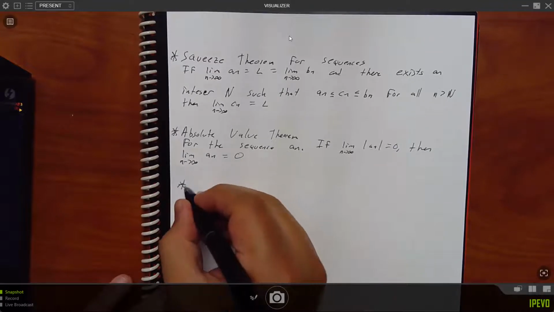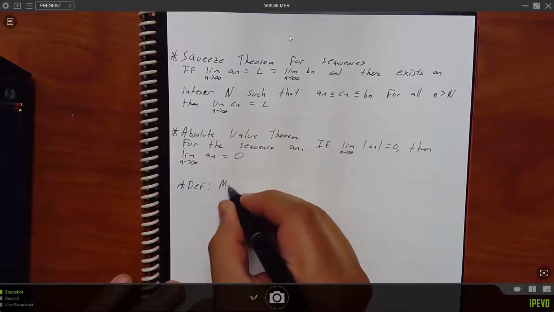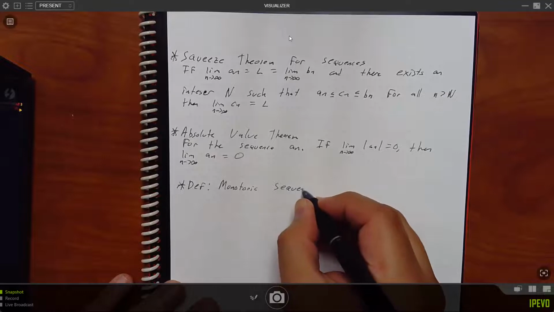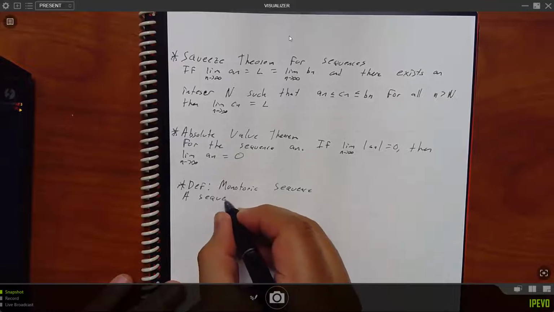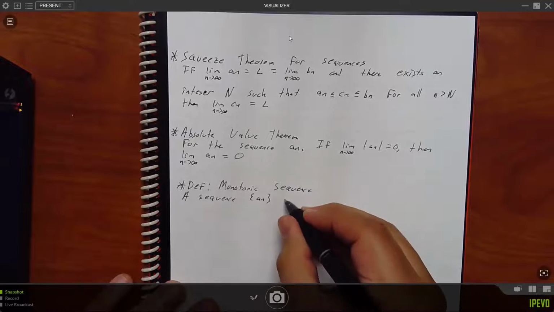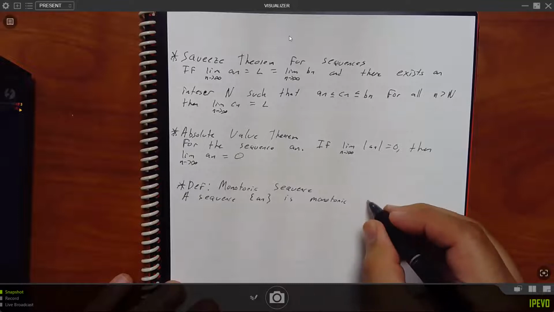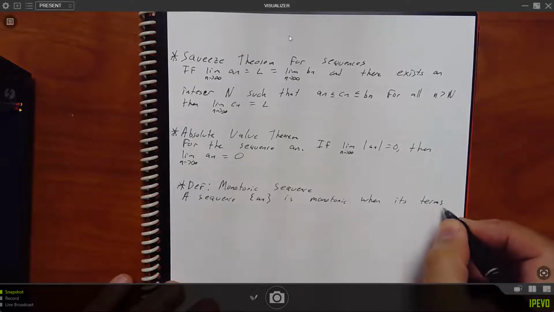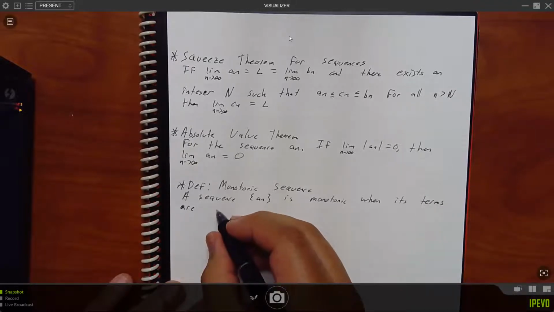Last one, and then we'll move on to a new section. Definition: monotonic sequence. A sequence a sub n is monotonic when its terms are non-decreasing.